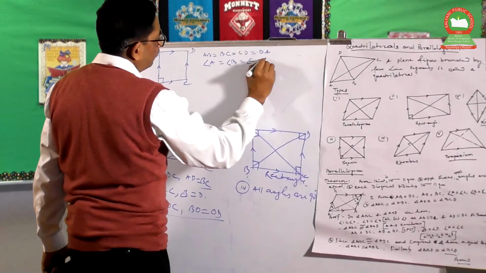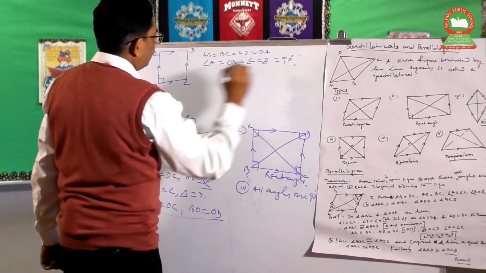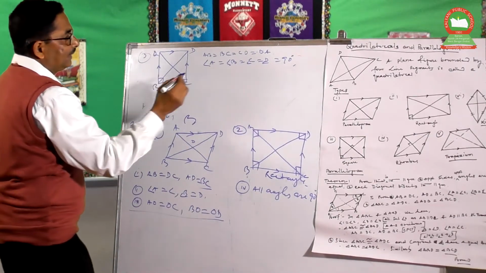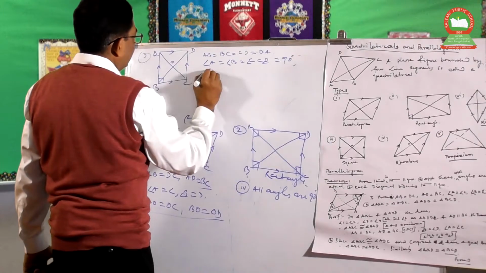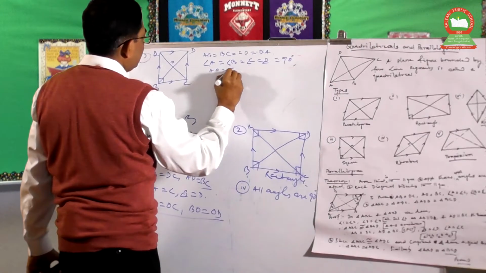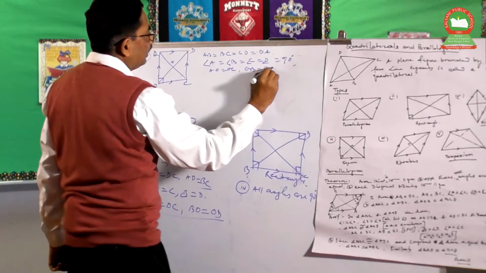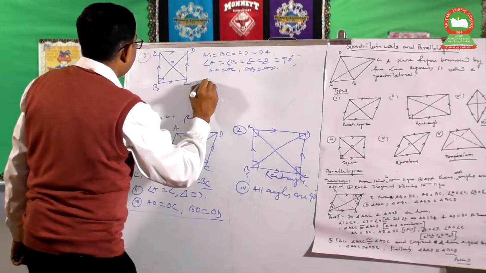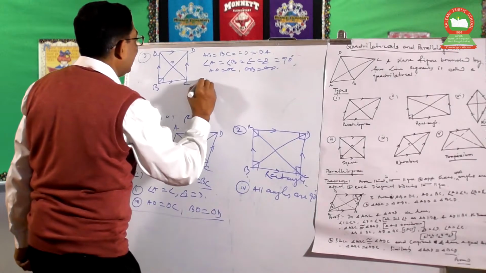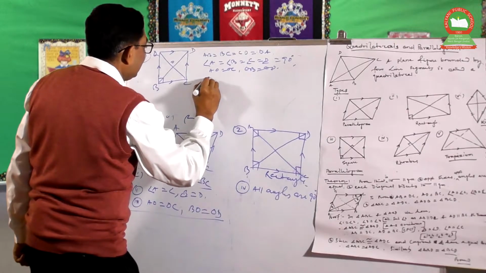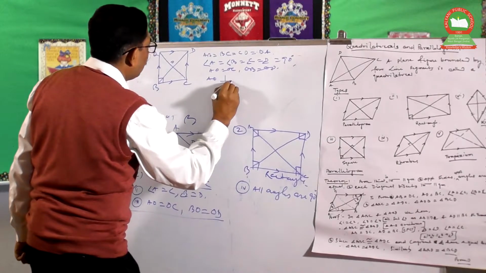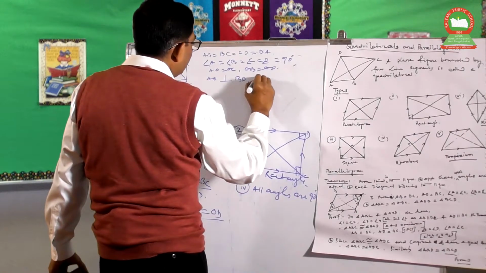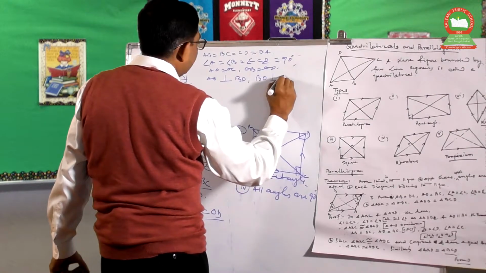And the diagonals also bisect each other, that is AO equal to OC, OB equal to OD, as well as the diagonals bisect at 90 degrees, that is AO is perpendicular on BD or BO is perpendicular on AC.